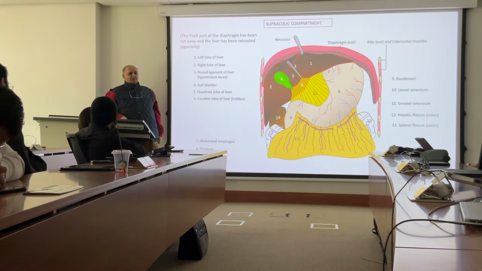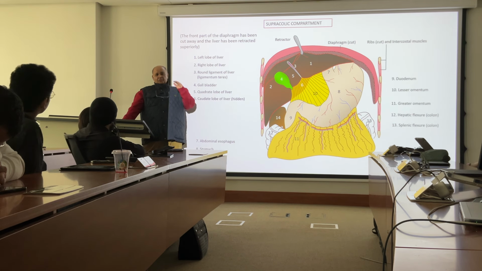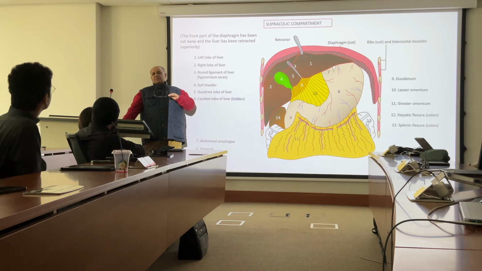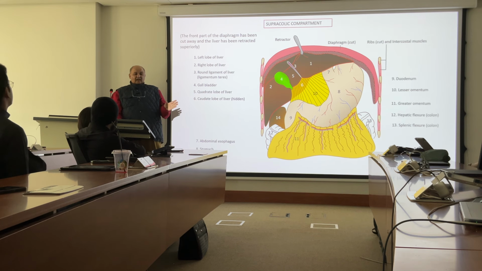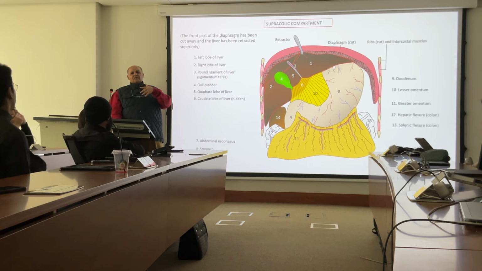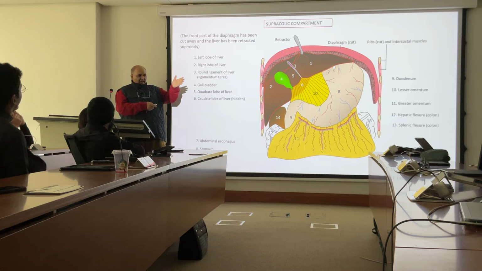Guys, do you remember in the beginning I told you, supracolic compartment, infracolic compartment. Only on one side, the right side, we have a channel through which any secretions from the supracolic compartment enter into the infracolic or from infracolic into supracolic. And that pathway, that doorway, is here.